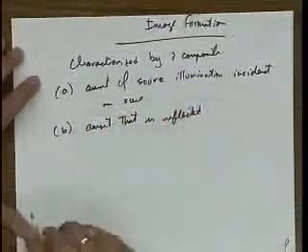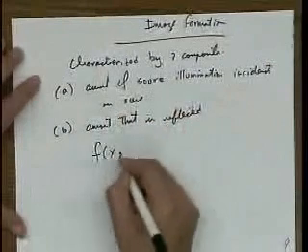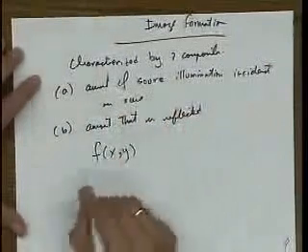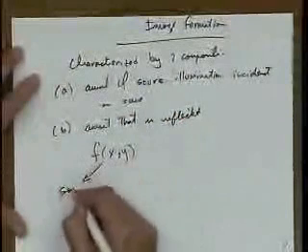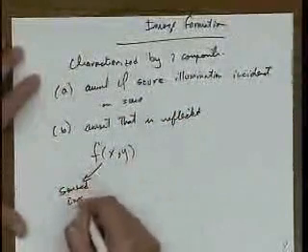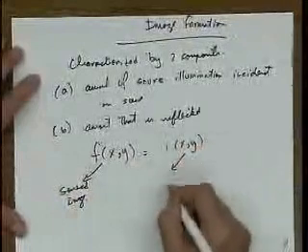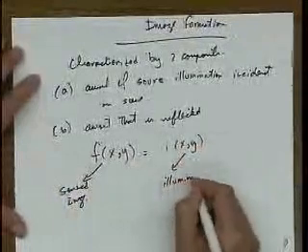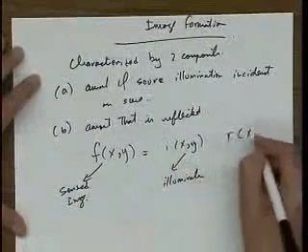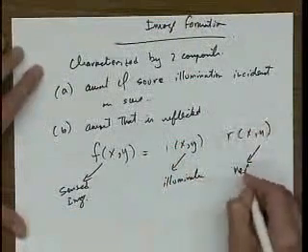Okay, so we can write this down as f of x comma y, which is the sensed signal, or the sensed image, is I of x comma y, which is the illumination, times R of x comma y, which is the reflectance.